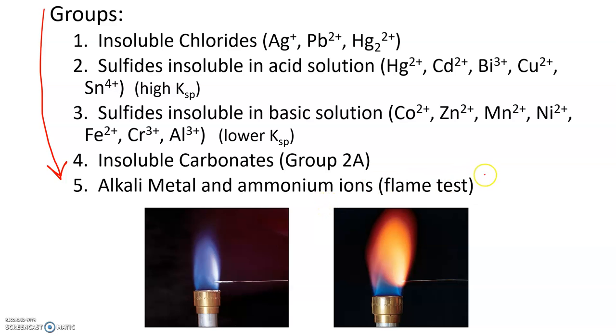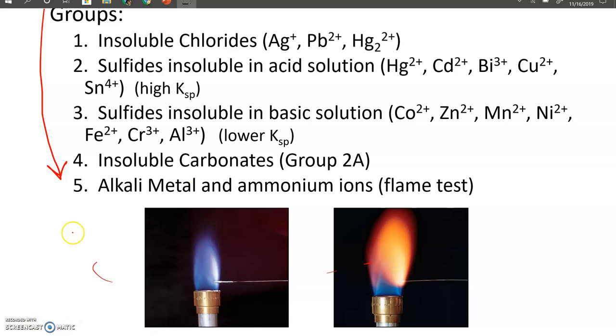And so the way we identify them once you've left them is by using a flame test, which you should have done in Chem 1, and hopefully you remember how that works. And based on the flame color, you can see what compounds or what ions are left in your solution. And I would not take too much time stressing over this, especially for your unit test.